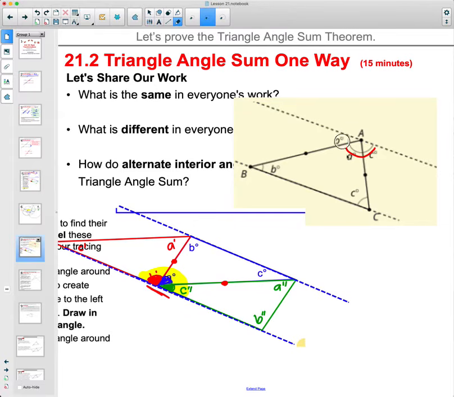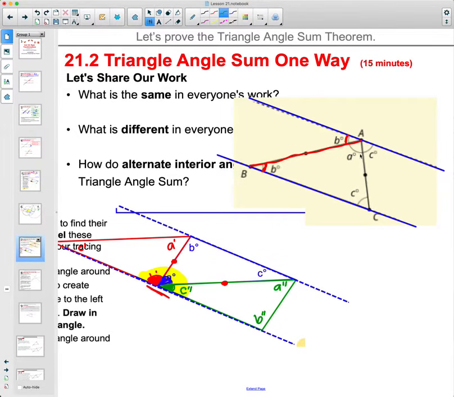Where else do we maybe see some alternate interior angles? So if we take a look at this line here, parallel to this one from the translations, you see an alternate interior angle here and here, okay, on opposite sides of this transversal, here to here, rotating up around that midpoint.